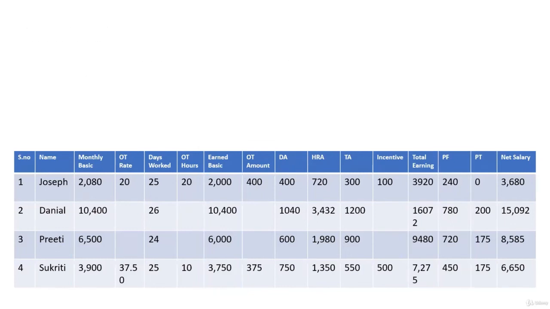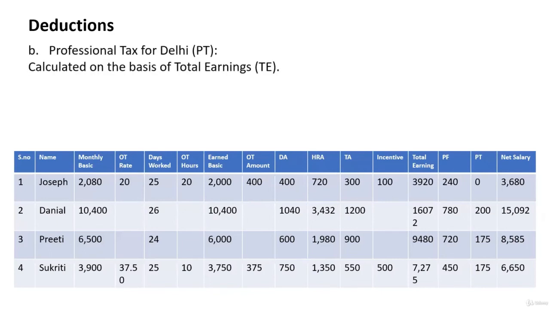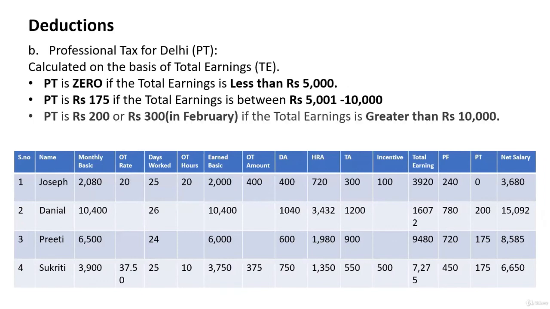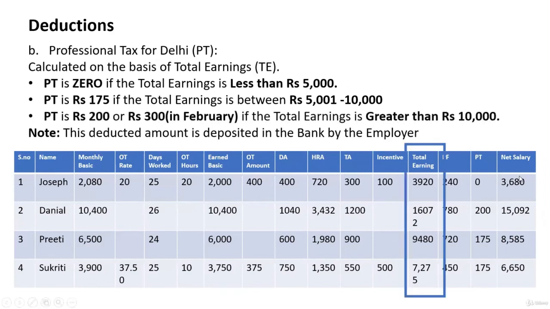Now moving forward, we have another kind of deduction, that is professional tax. Professional tax will be calculated on the basis of your total earnings. So here these are your total earnings, and the professional tax will be 0 if your total earnings are less than 5,000 rupees. So I have written 0 here as professional tax. There will be no deduction in the name of professional tax if your total earnings are less than 5,000, and it is 175 rupees if your total earnings vary between 5,001 rupees and 10,000 rupees.